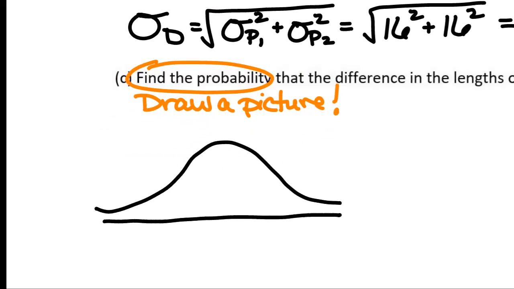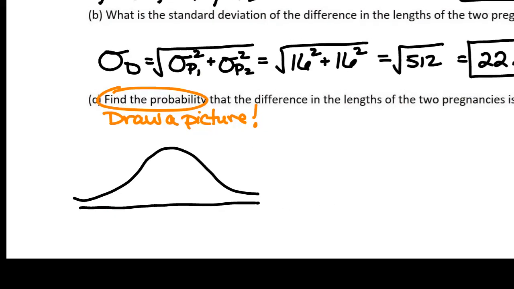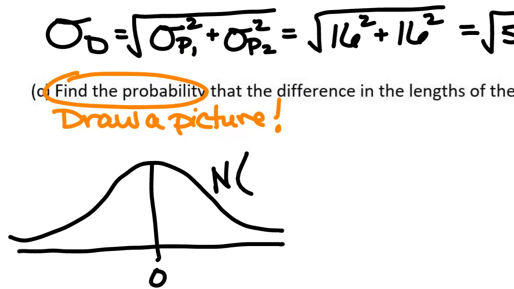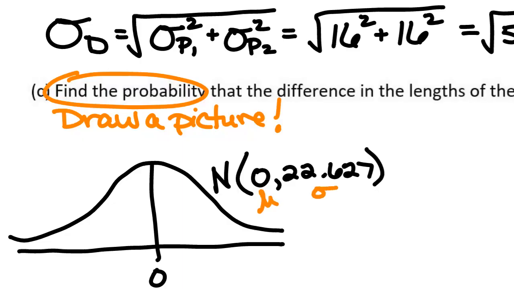Anytime it says normal, you want to be drawing a picture. So right down the center, what do we put? 0. Big N next to it, 0, and 22.627. Make sure you label those numbers as the mean and the standard deviation.